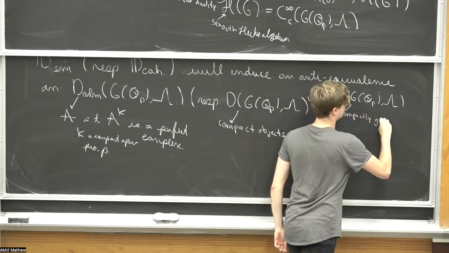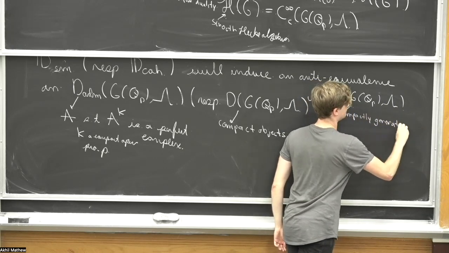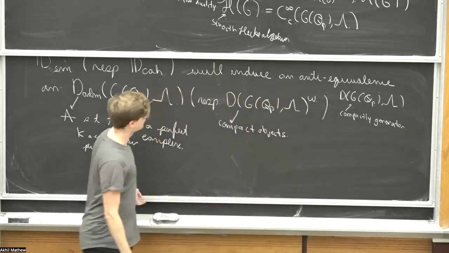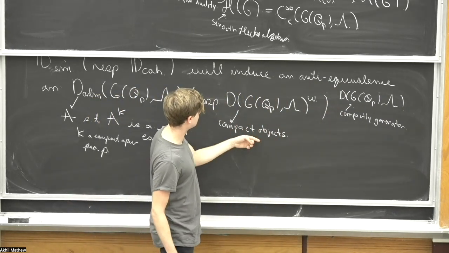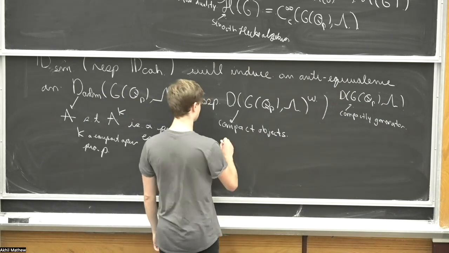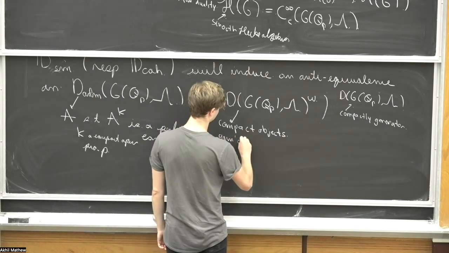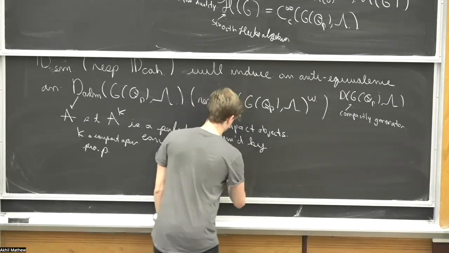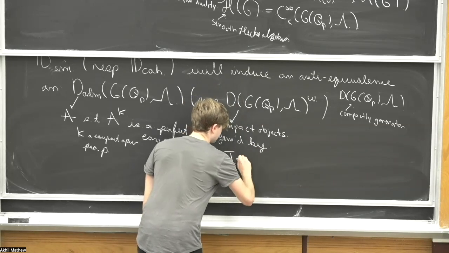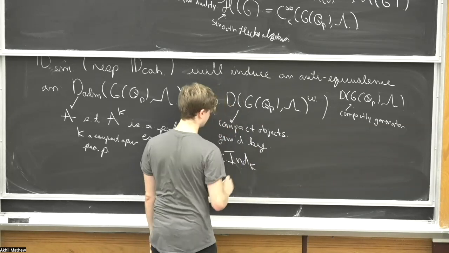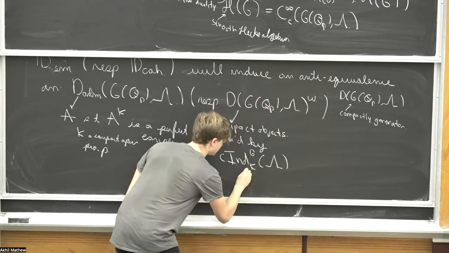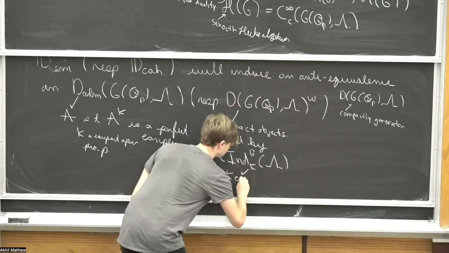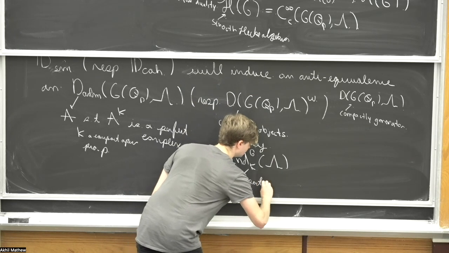In particular, you can write every object inside here as a colimit of objects inside here. And you can actually be very explicit about what these compact objects are generated by. It's going to be generated by certain compact inductions from K to G of the trivial representation of K, where K is just some compact pro-p subgroup.